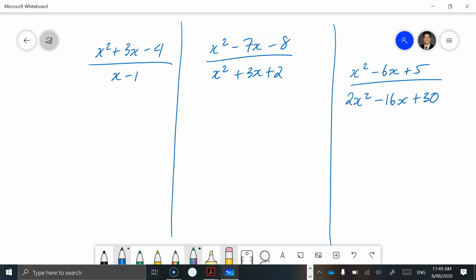All right, so again, with all of these, you just want to take your time. You don't want to rush it. You don't want to skip steps.